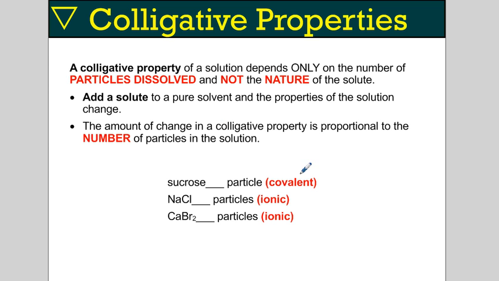If you add a covalent compound to a solution, if you add equivalent values like 1 sucrose molecule, 1 formula unit sodium chloride, 1 formula unit calcium bromide, we're looking at equivalences here. So 1 sucrose molecule will yield 1 particle because that sucrose won't further break apart.